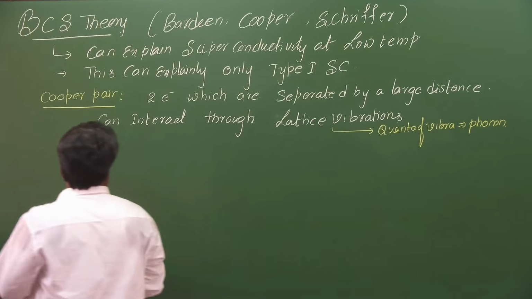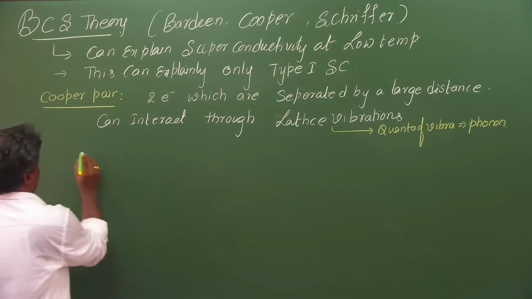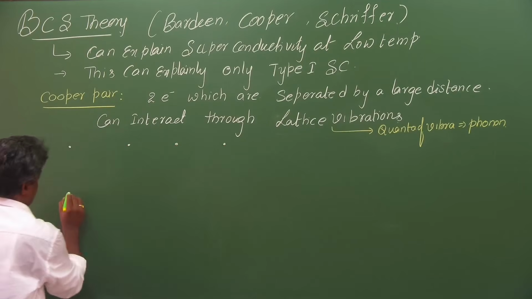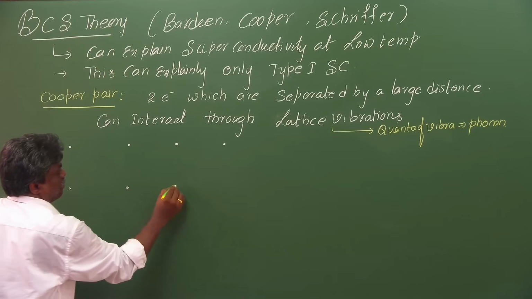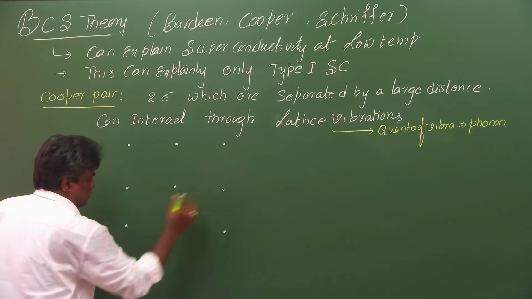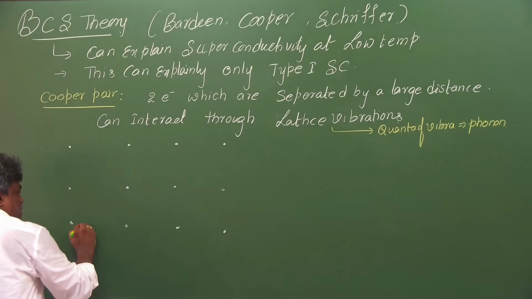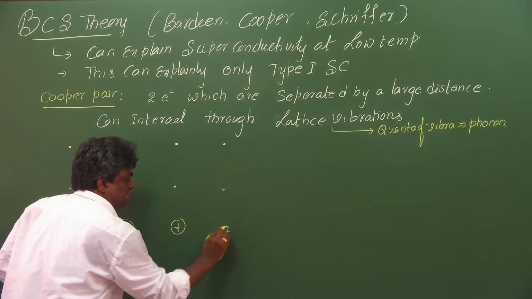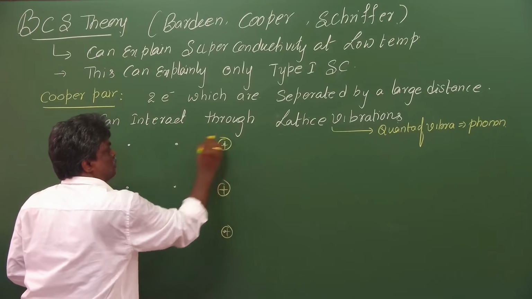So finally, what happened? I am considering a lattice. Listen, again I am trying to explain. Here is one electron, and these are the positive ion cores. At each lattice point you have positive ion cores.